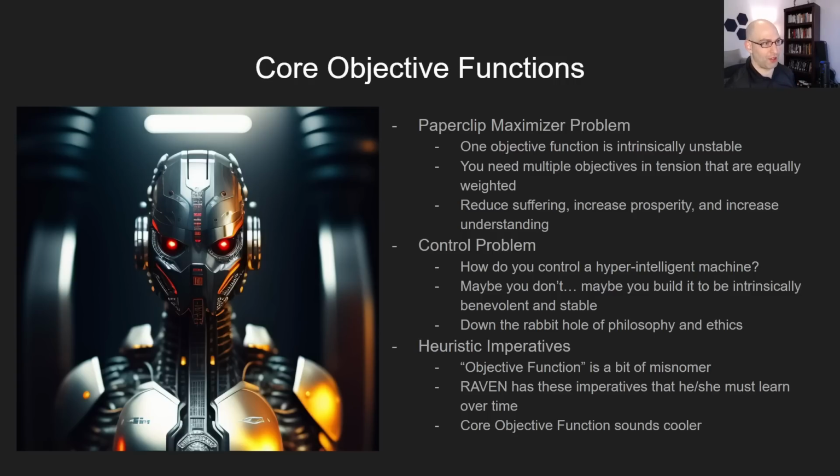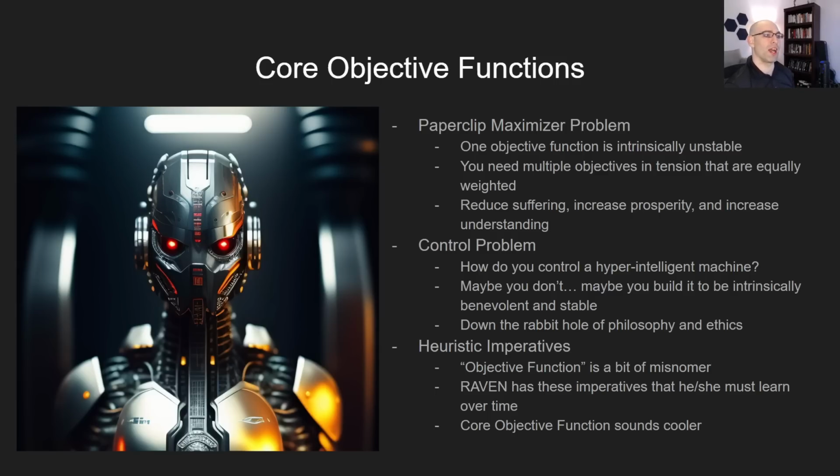And so that sent me down the rabbit hole of philosophy and ethics, both Western and Eastern, as I mentioned earlier. By addressing the control problem, the paperclip maximizer problem, I came up with what I call the core objective functions, or more accurately, the heuristic imperatives, because an objective function is actually a bit of a misnomer.